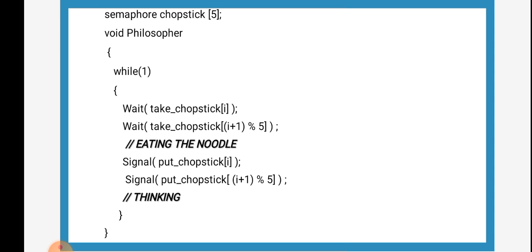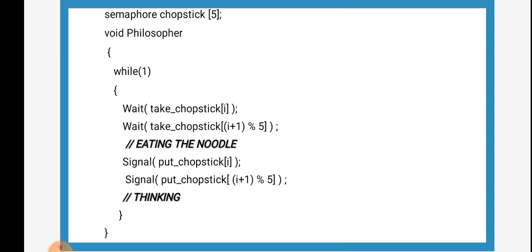Once he has finished his eating process, he has to keep his chopsticks in the original places. For that we perform the signal operation, where we put the chopsticks back, each one which he picked up earlier.